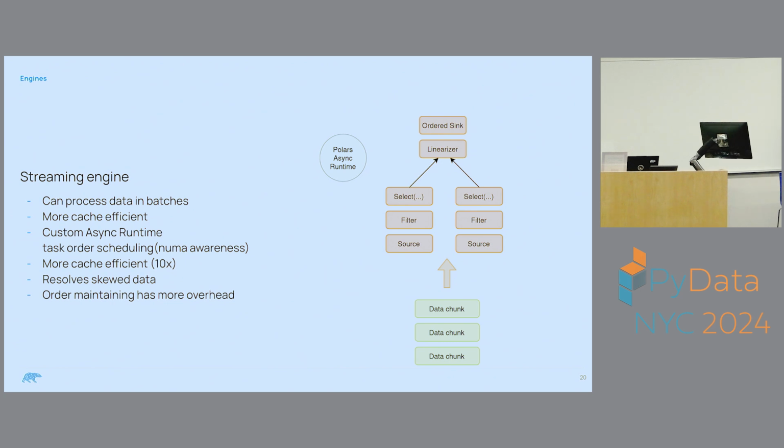For this, we made a custom async executor, a Polars async runtime. We've written it from scratch. Is anybody here familiar with Rust and async? Right. Yeah, so you have Tokio, for instance, which is also a runtime. We made our own runtime because we want to be able to do task prioritization. So our scheduler can determine where the task needs to go, in which pipeline, and you can think of this as plumbing, and you put water in those pipelines.